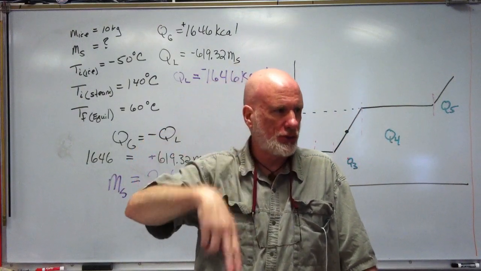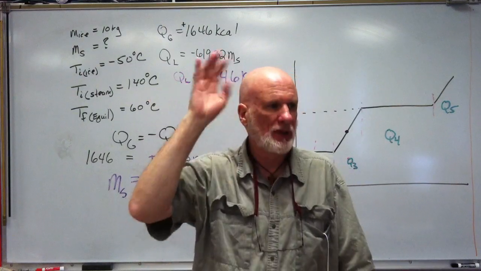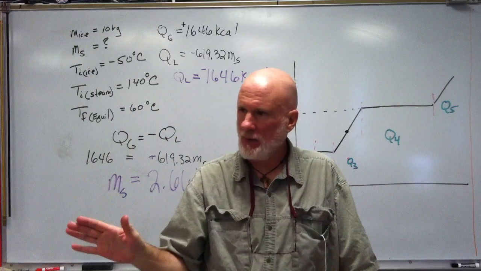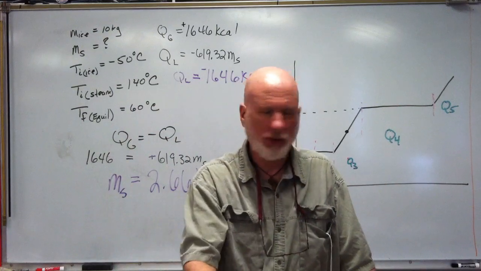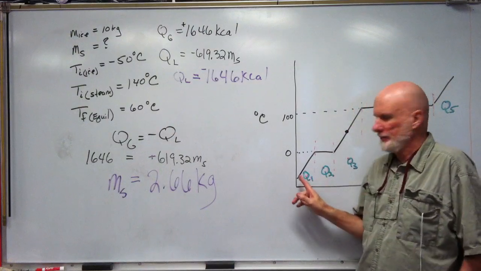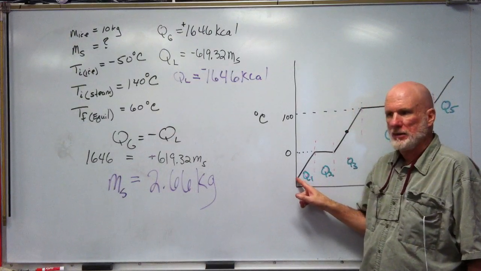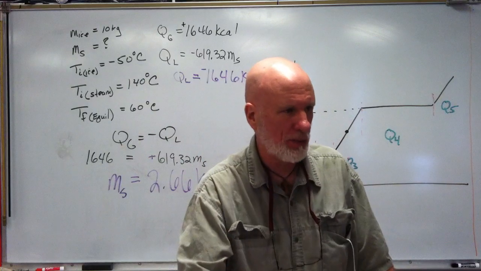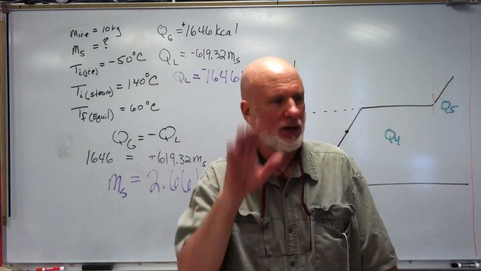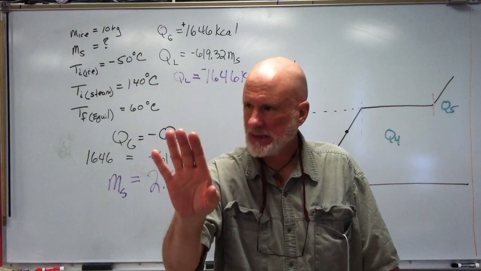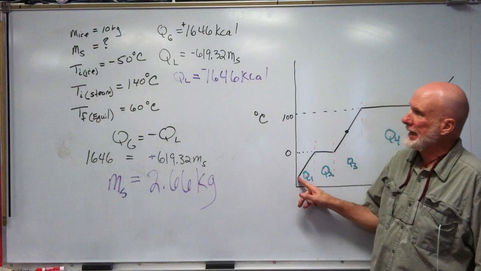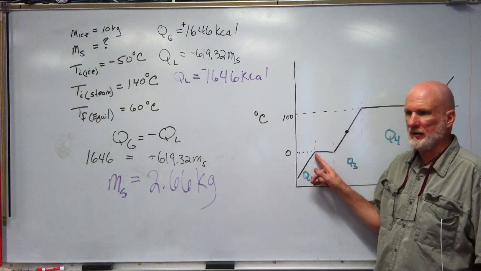Q1, Q2, Q3, ice and steam, Q4, Q5. Initial temperature, final temperature. That's all I want to do, for your answer sheet. The first temperature I give you will be initial temperature. The second will be final temperature for that heat. Q1, negative 50, 0.